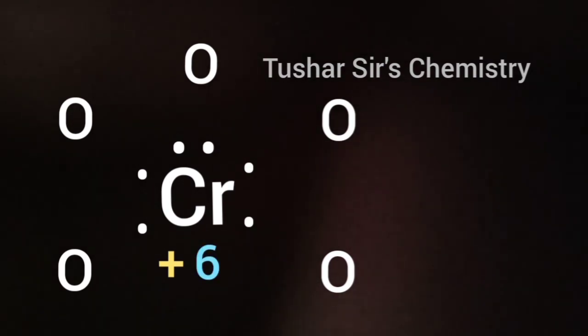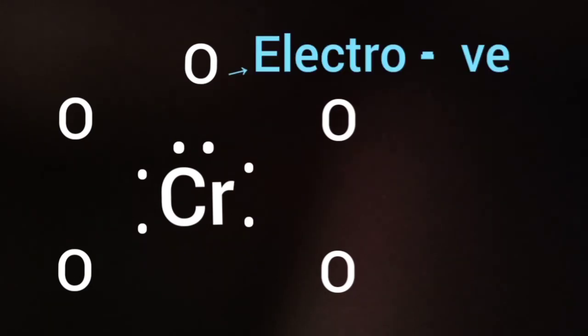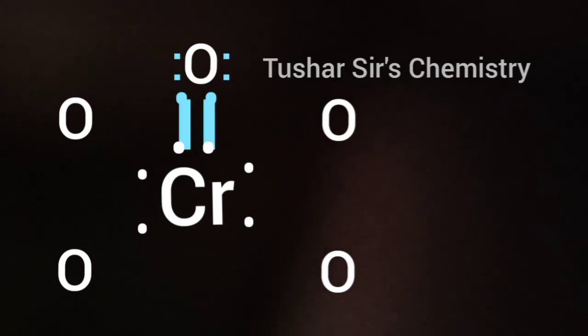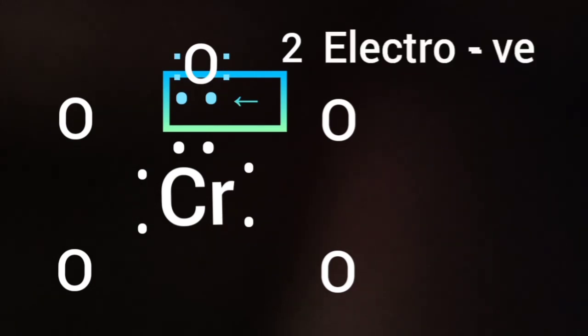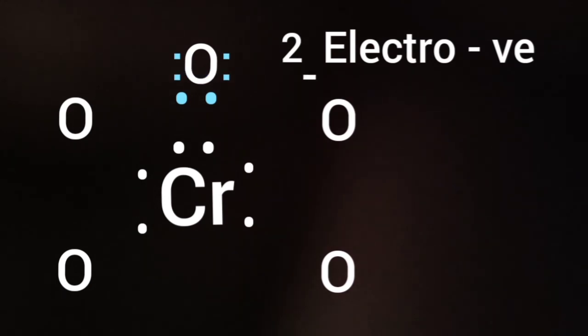In case of this oxygen, you see this oxygen is more electronegative than chromium and contributed 2 electrons to form a double bond, and it is more electronegative. The number of electrons contributed by this oxygen is 2. You write 2. As it is electronegative, you just take the negative sign and put there, and it is -2. So the oxidation number of this oxygen is -2.